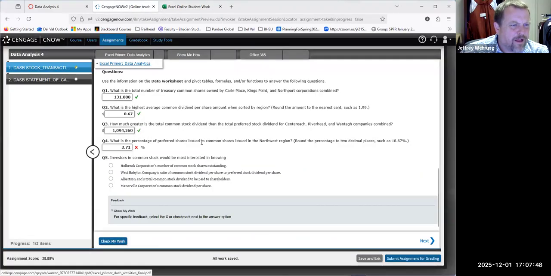And I don't know why you would look at it in this way anyhow. I would usually think of the preferred shares as a percentage of the total, instead of the common shares issued to common shares issued.